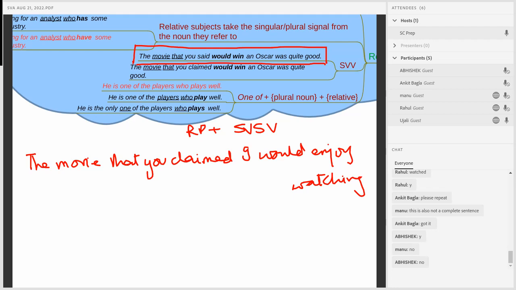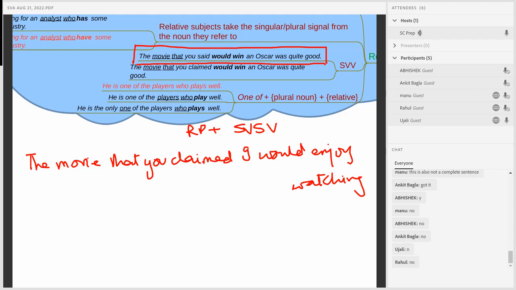To get you guys thinking on the right lines, remember, if we are saying that it's a complete sentence, then the movie must have a verb of its own. The movie must have a verb. Rahul? Oh, okay. So I've got an answer from everyone.